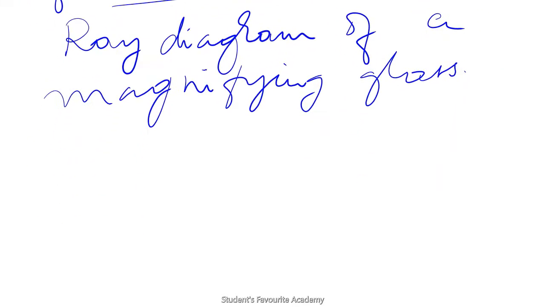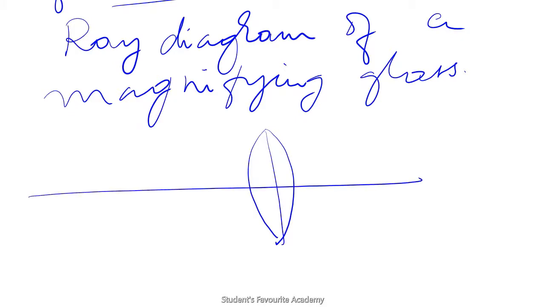Now in this case, suppose it is a convex lens magnifying glass. You keep the object such that it is between the first focal point and the lens. Suppose this is the first focal point, the object AB is here.